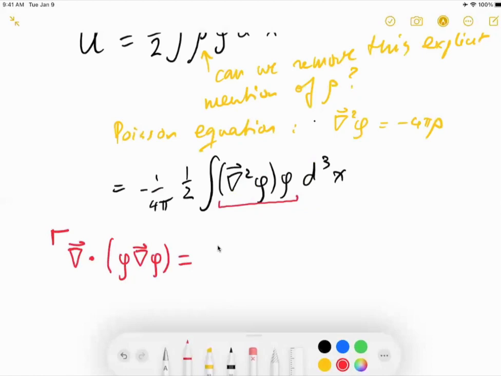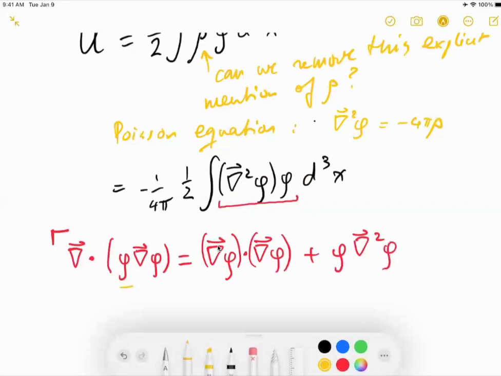So you get the gradient of phi dotted with the gradient of phi, plus phi gradient squared phi, right? Because you first let the gradient act on this, which gives you this term, and afterwards you let it act on this, and then it gives you this term.